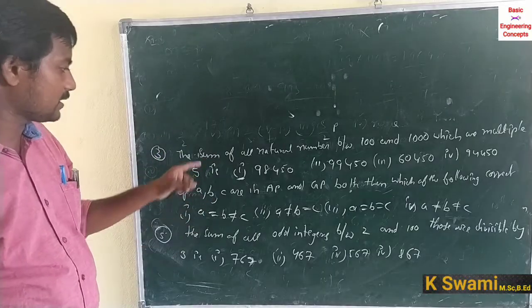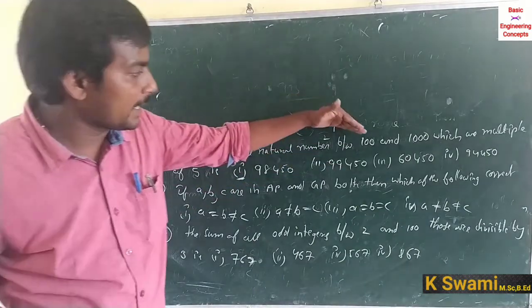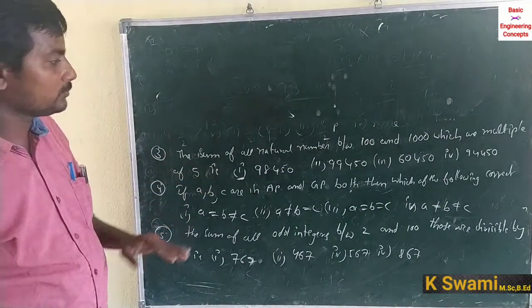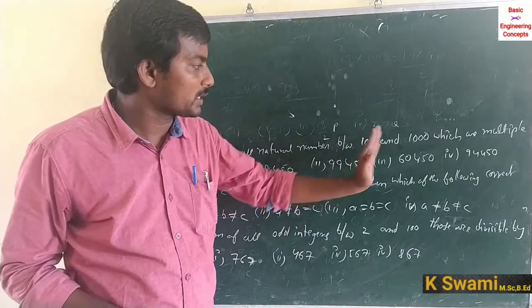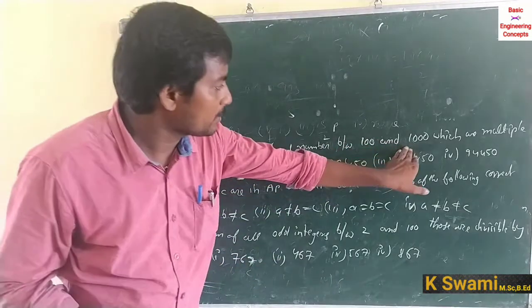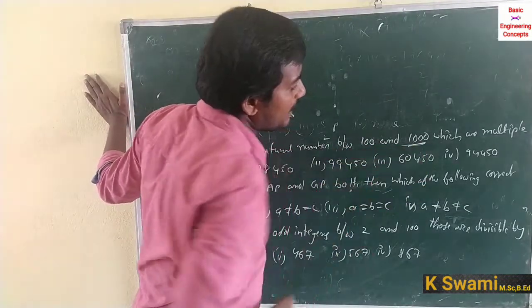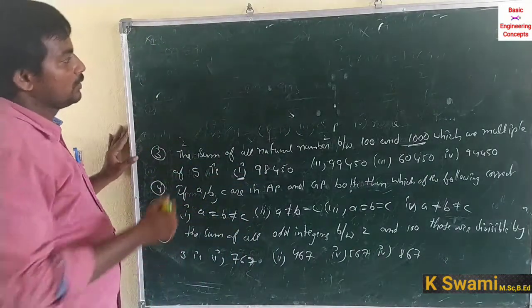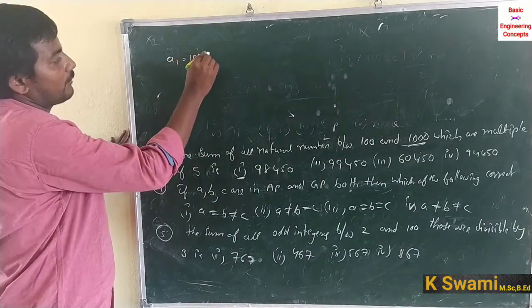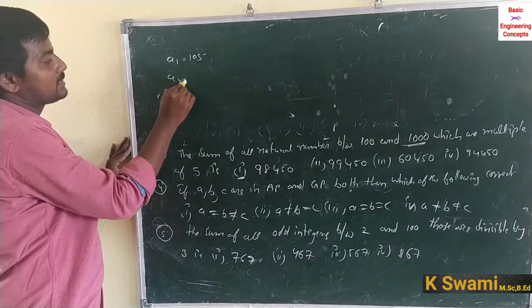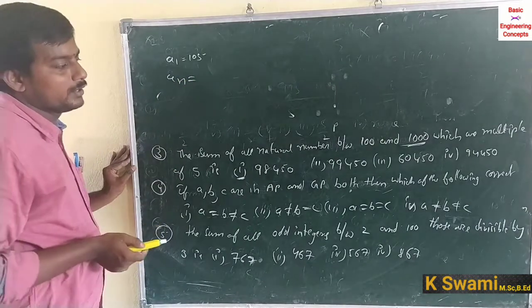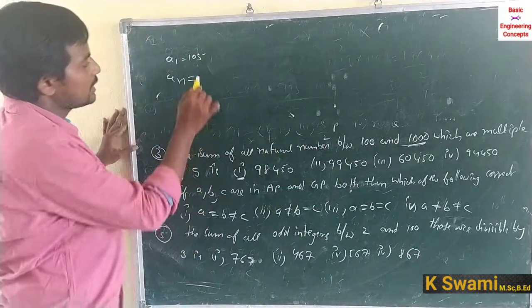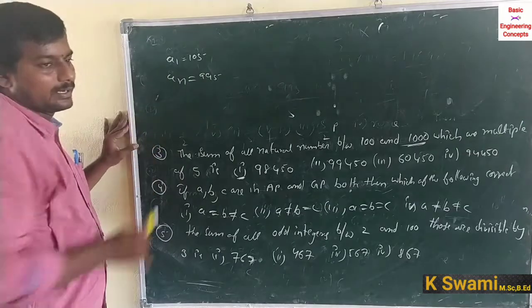So next problem is the sum of all natural numbers between 100 and 1000 which are multiples of 5 is. సో 5 యొక్క గుణిజాల మొత్తము 100కి మరియు 1000కి మధ్య ఉన్నవి యొక్క గుణిజాల మొత్తం ఎంత అవుతుందని చెప్పి మనకి అడగడం జరిగింది అనమాట. సో A1 is equal to ఏమవుతుంది 105, and an is equal to the last term in multiple of 5 between 100 and 1000 is 995.